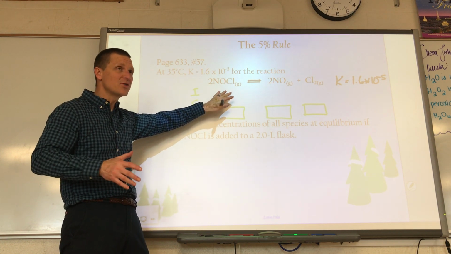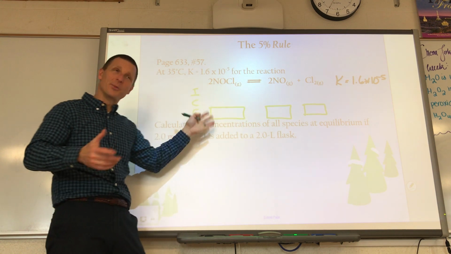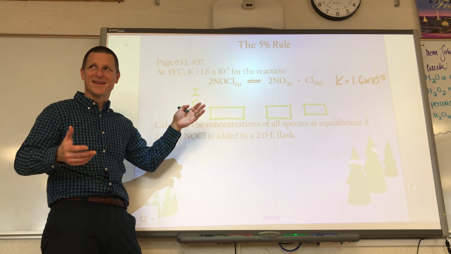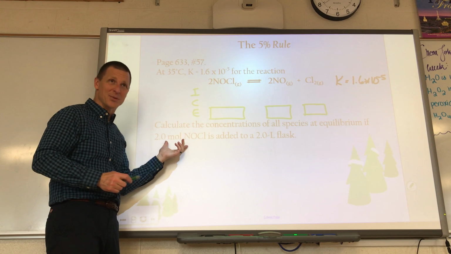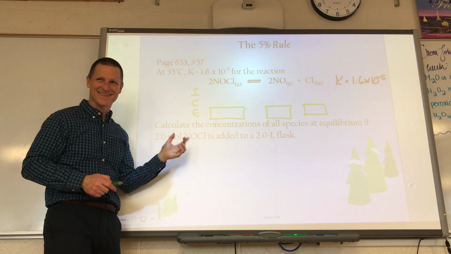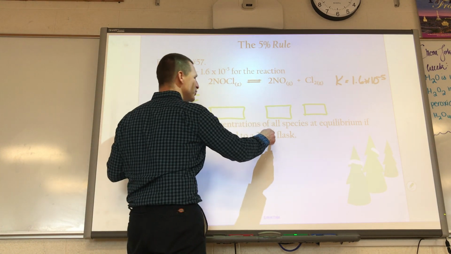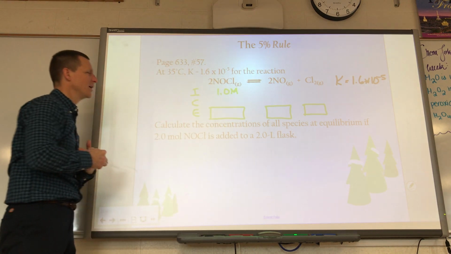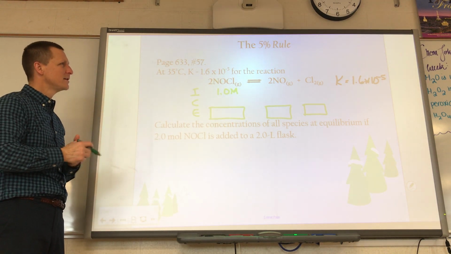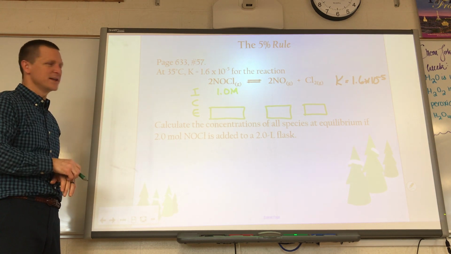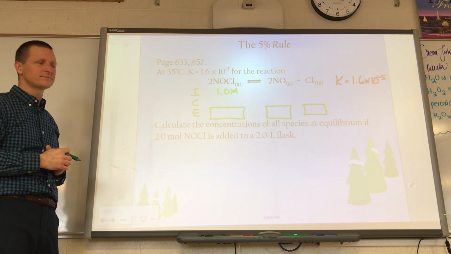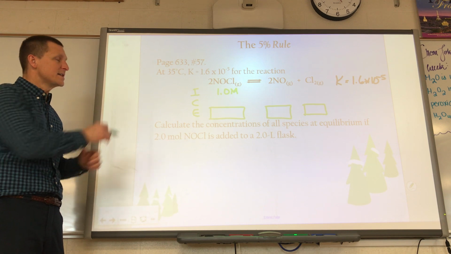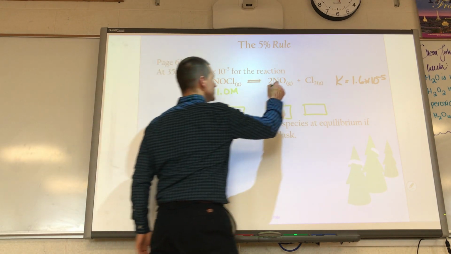We either put concentrations, if we're given Kc, or we put pressures if we're given Kp. So they're doing this on purpose. They want to see if you're paying attention. 2 moles over 2 liters is a 1 molarity concentration of NaCl. It doesn't say anything about the product, so we assume that there's 0.